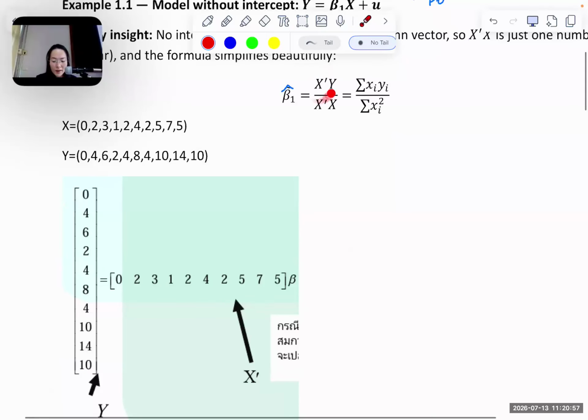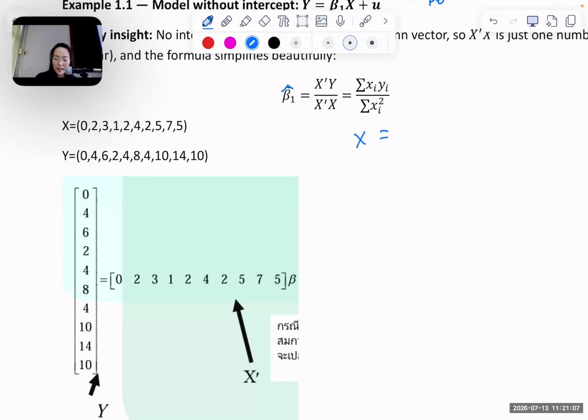Here, first we need X transpose. Transpose means X is a vector, like this. If we want X transpose, the column is going to transpose to the row.